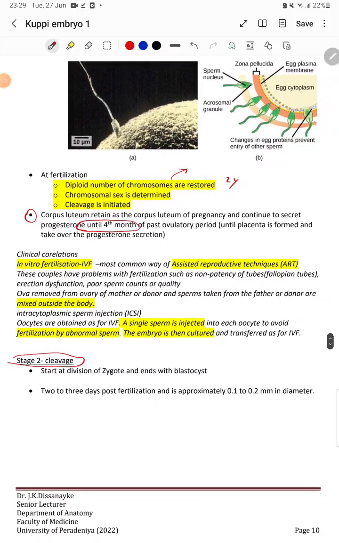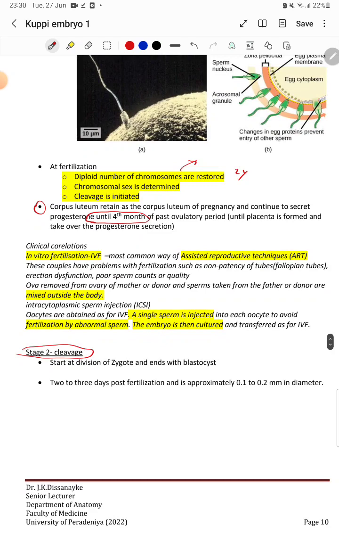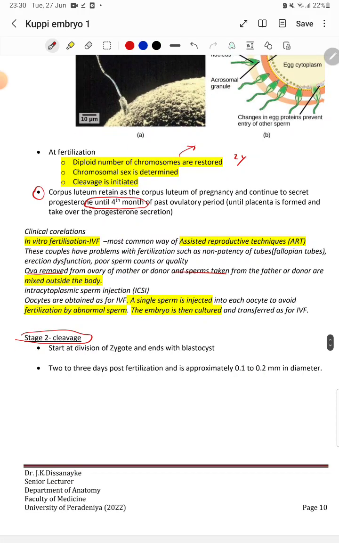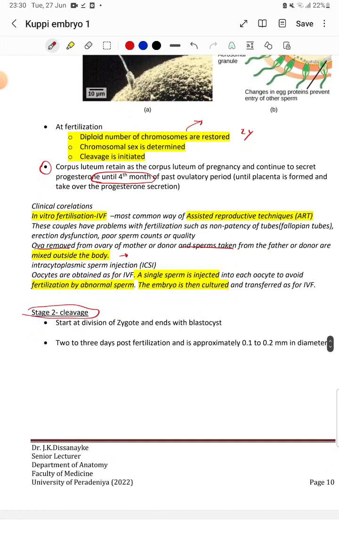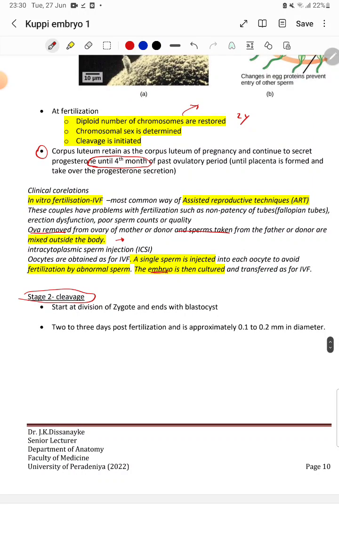This could be due to a structural or hormonal problem, it could be with erection, or poor sperm count or quality, etc. So the ovum of the mother and the sperm from the father are taken and mixed outside the body, and then the zygote that arises from this, sorry, it's the embryo actually, not the zygote, is cultured and then transferred into the mother.